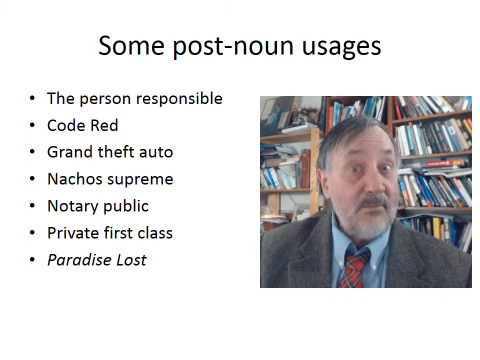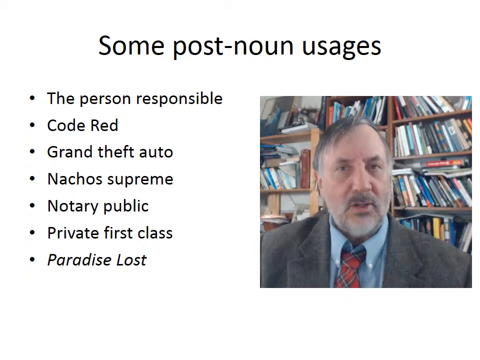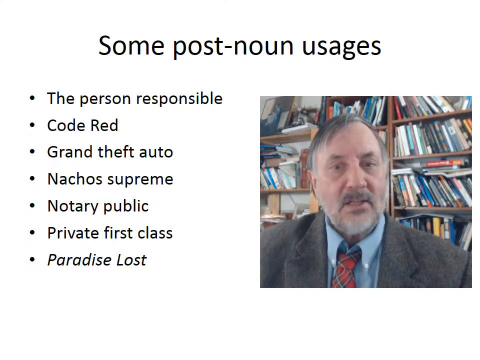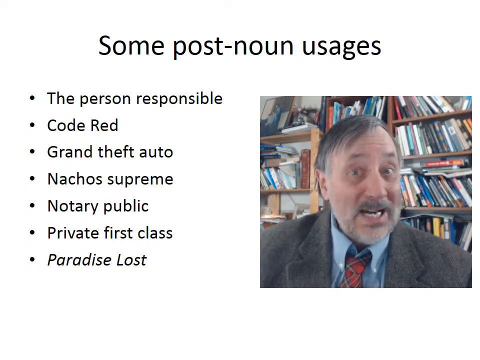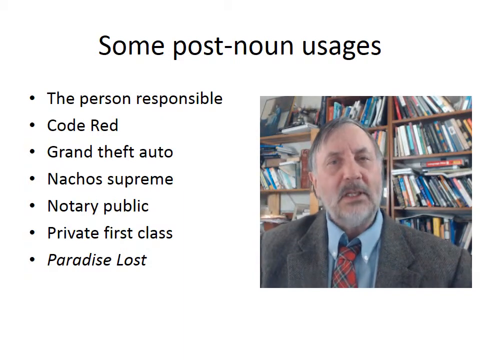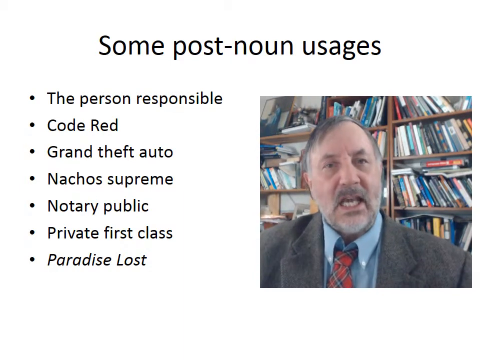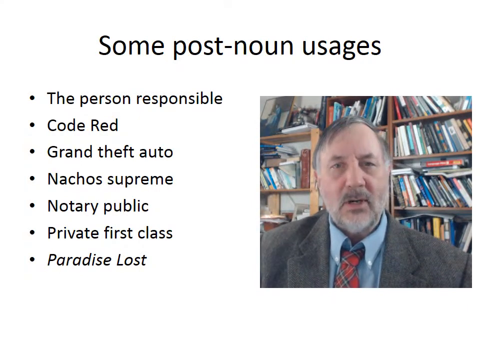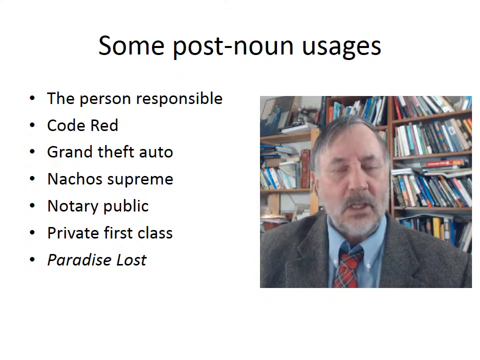Notary public. What kind of notary? A public notary. Okay, but in this case we put the adjective last. Private first class. What kind of private? Well, it's a first class private, but in this case again the adjective form comes last. And Paradise Lost, the name of the great epic poem by John Milton.